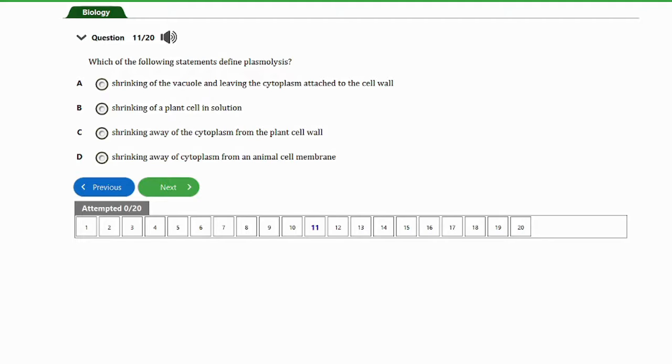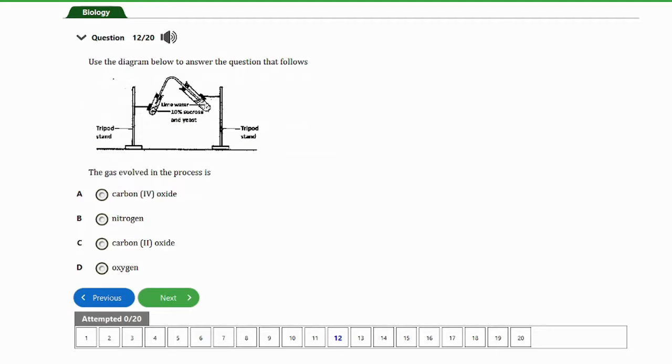So what happens in this situation is that the cell will lose water to the outside surrounding, and this will cause the cell to shrink. And during this process, the cytoplasm actually shrinks away from the cell wall, pulling itself away from the cell wall. And in this situation, we say plasmolysis has occurred. So let's look at the next question, and that's question number 12.